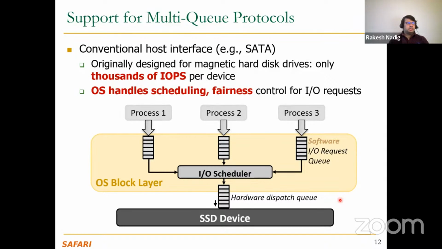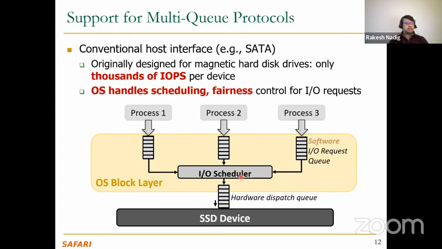So a conventional host interface, for example the SATA interface, was designed for magnetic hard disk drives originally, and it only supports thousands of IOPS per device, so the throughput is limited. And so in a SATA SSD, if, let's say, 3 processes are running in the host system, the operating system running on the host will have software IO request queues, which will take the requests from these processes and send them to an IO scheduler.